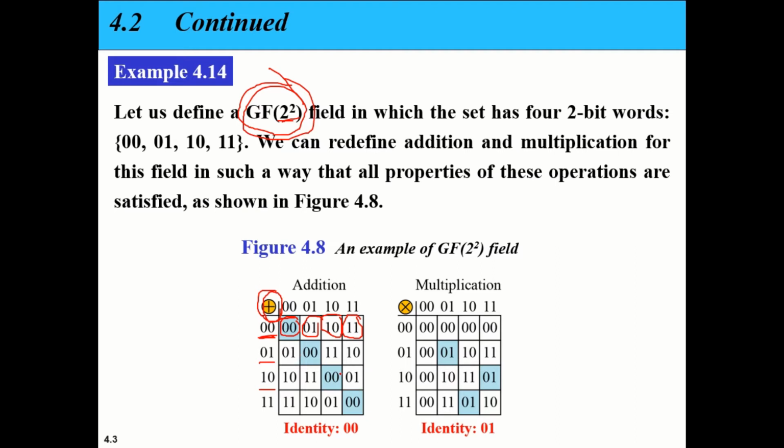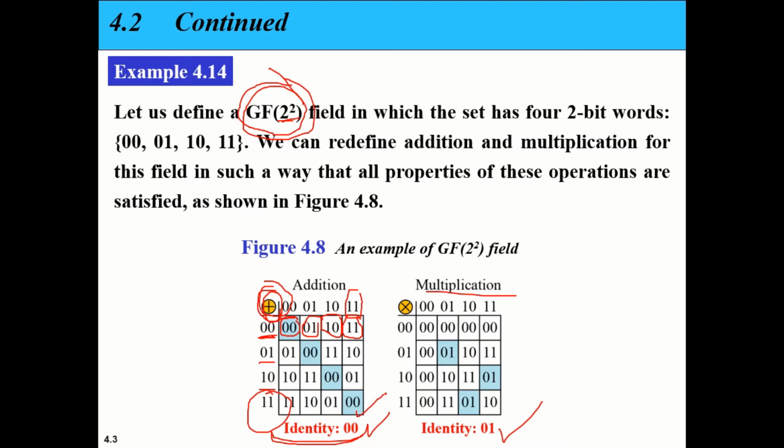But here you have to see that the identity element for this particular field is 0, because we are performing this addition operation. So for addition, the identity element is 0, and for multiplication, the identity is 1. Here you can see that for this entry, 1 1 and 1 1, our result is 0 0.